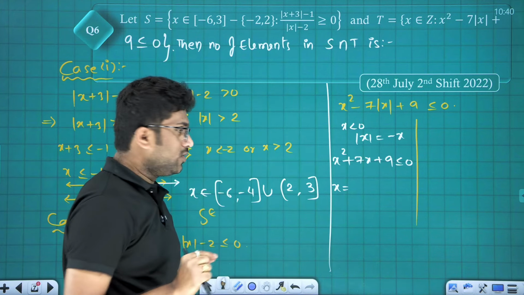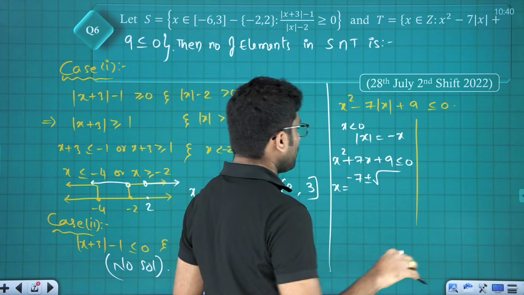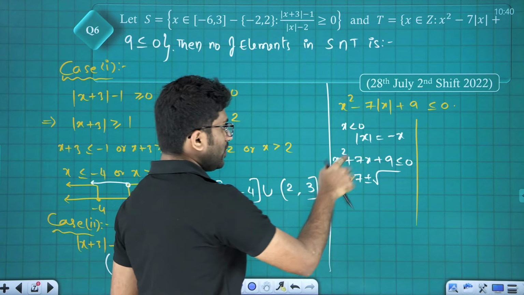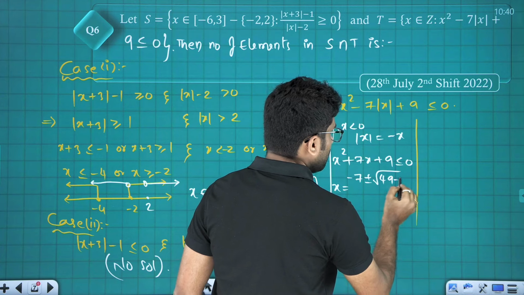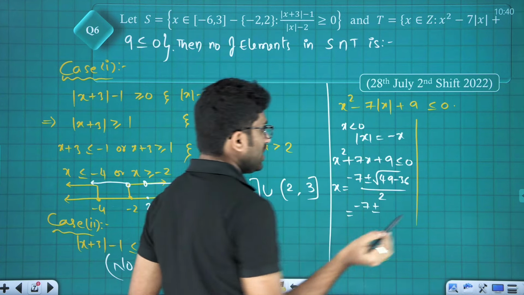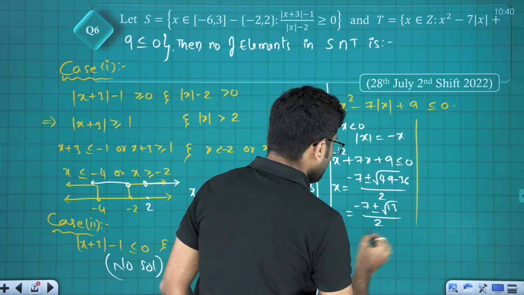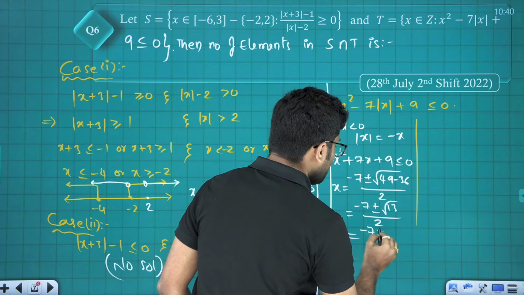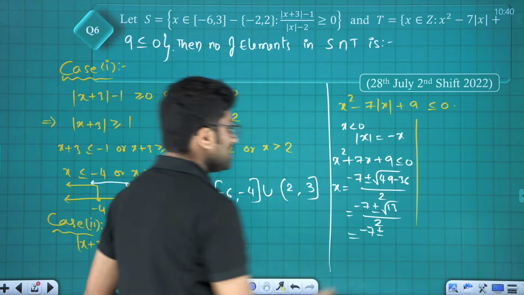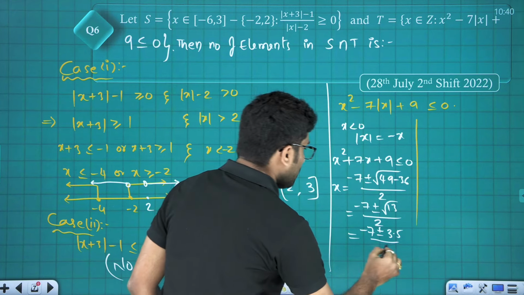Just take x value: minus b plus or minus root over b square minus 4ac. 49 minus 36, divided by 2. So minus 7 plus or minus root of 49 minus 36, which is 13, so root 13, divided by 2. So clearly minus 7 plus or minus root 13, the value is 3 point something, let's say approximately 3.5, divided by 2.